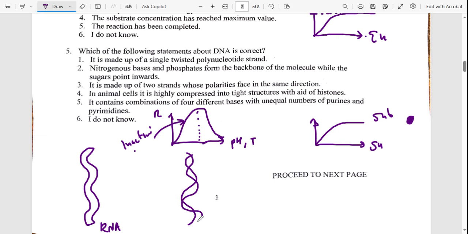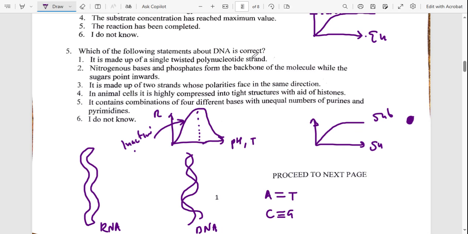It is helical. It is a double stranded molecule. And the double strand is because of hydrogen bonds. Adenine is attached to thymine by two bonds, while cytosine is attached to guanine by triple bond. In RNA, you don't have these bonds. Actually, also in RNA, you don't have thymine, but you have got uracil there.